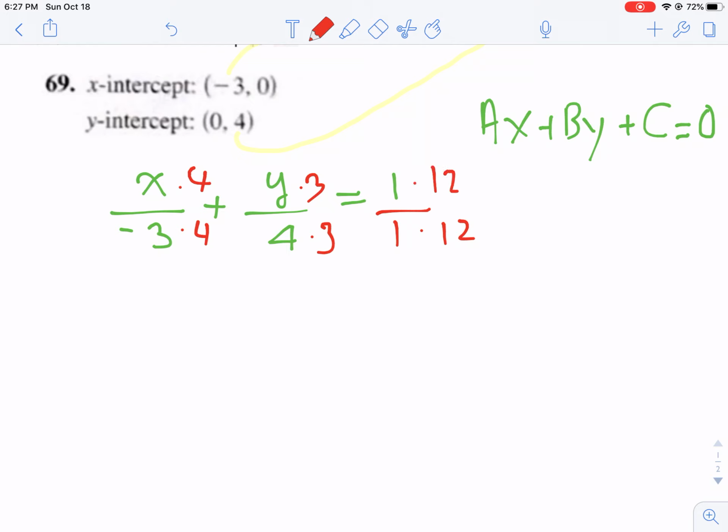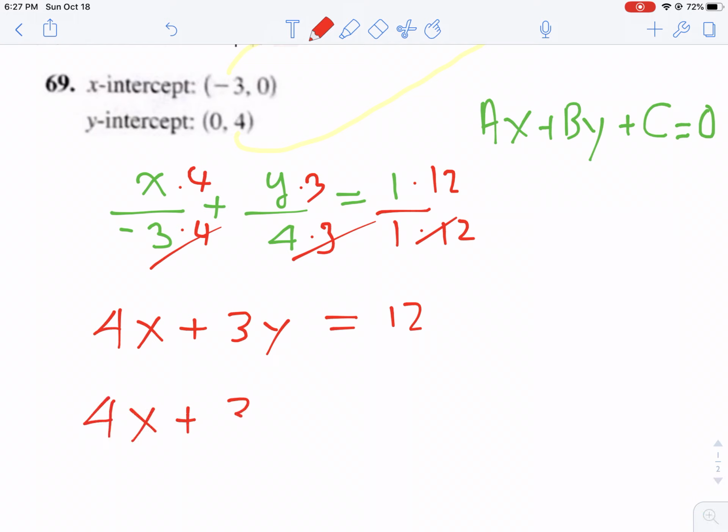That's your LCM, your least common multiple. So that's your common denominator, okay? And once you do that, if you remember from your review packet, you can forget about these. So now you have 4x plus 3y equal to 12, and just move the 12 over.